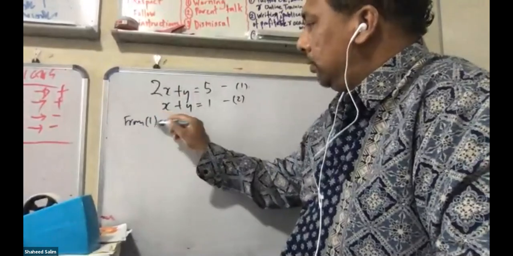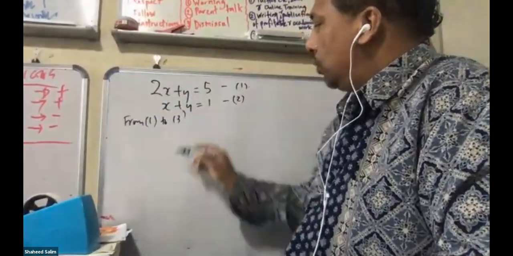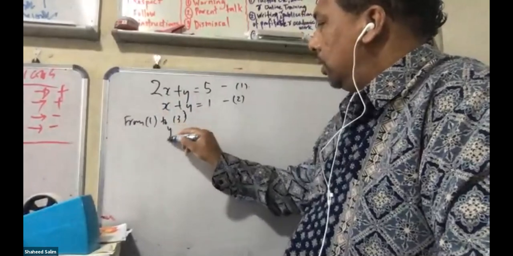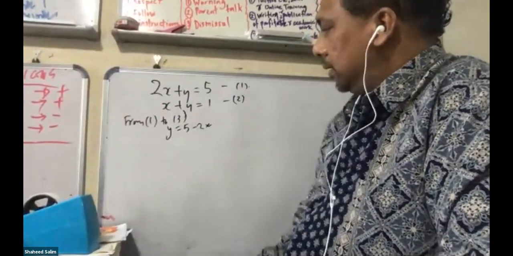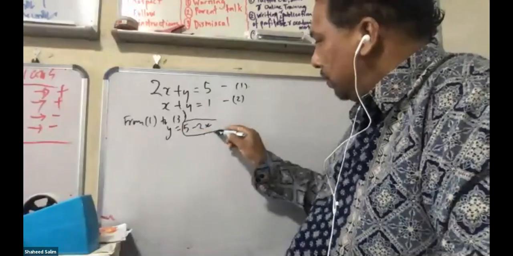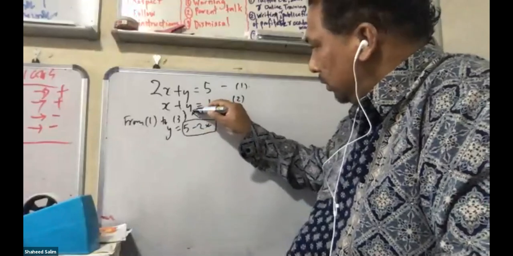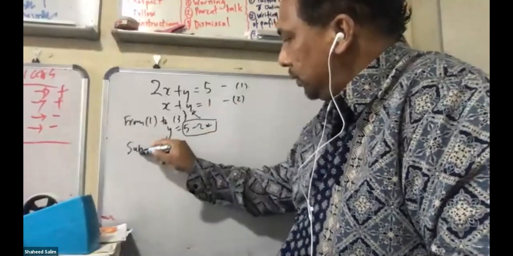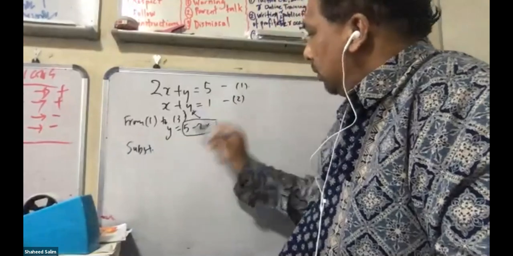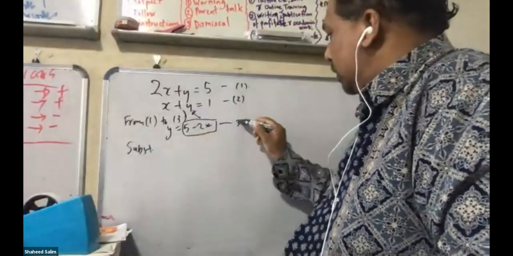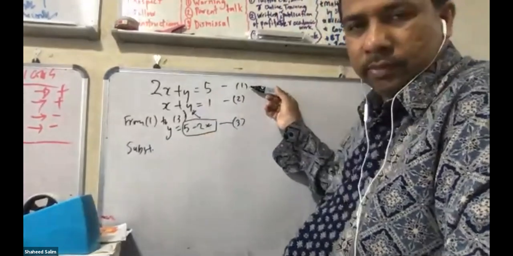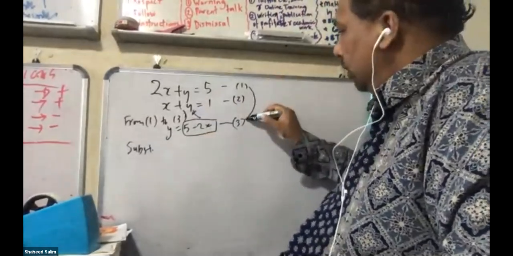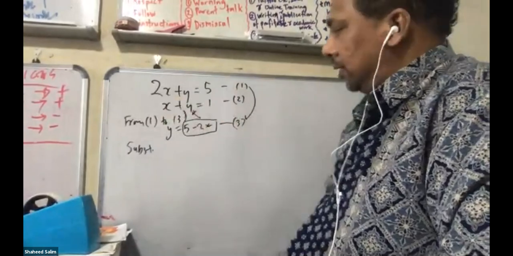From 1 to 3, that means equation 1 becomes equation 3. How? Basically, y equals 5 minus 2x. So now you are going to put this value inside here. So substitute. This is equation 3. Why? Because you have changed it slightly, you have moved the 2x over this side.